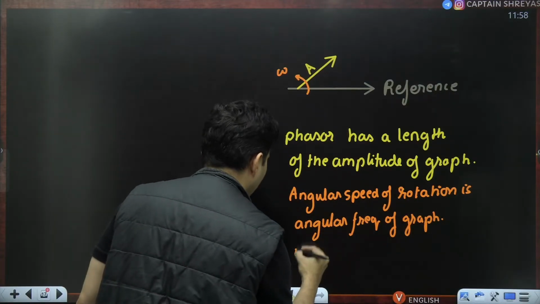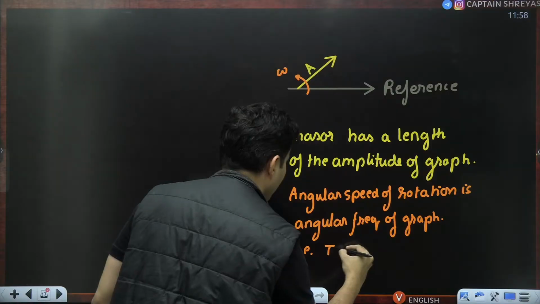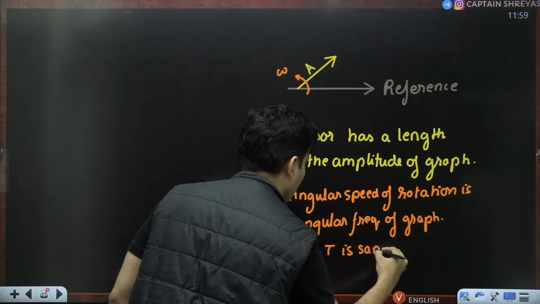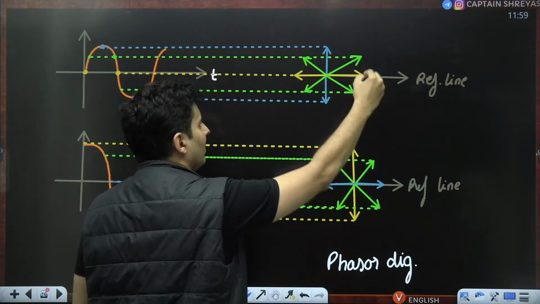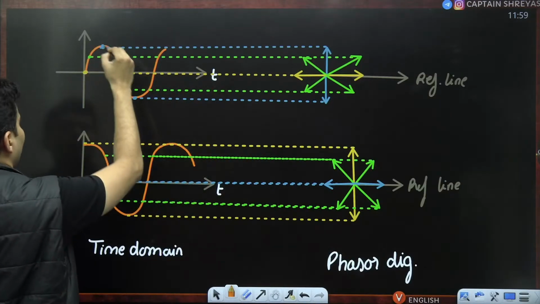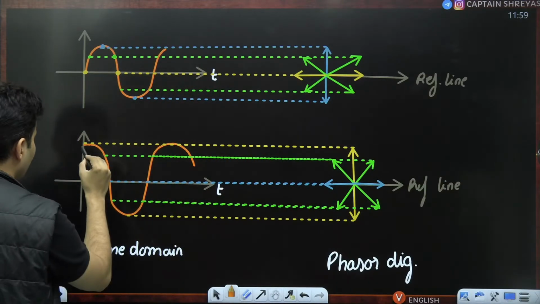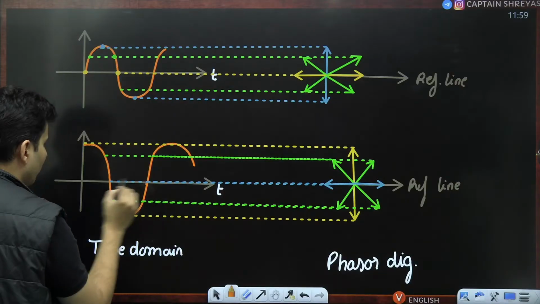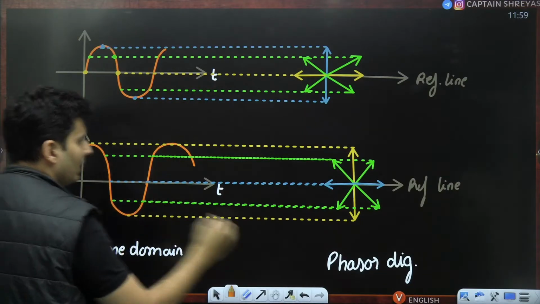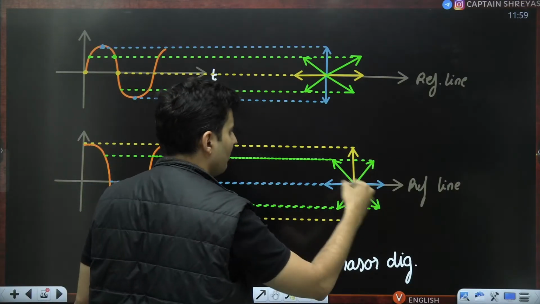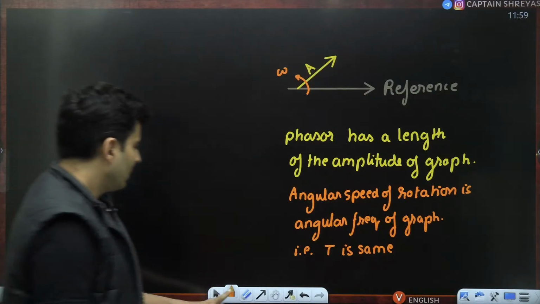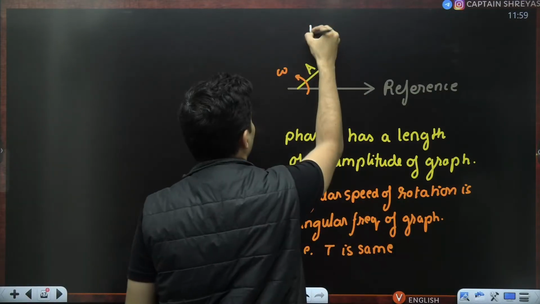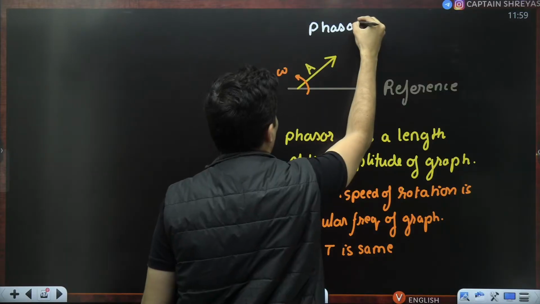Also, you can say the time period is the same. It makes sense. In 5 seconds, if it completes one revolution, it will complete one wave. If it takes 0.2 seconds to complete one entire wave, it will also take 0.2 seconds to complete one revolution over here. So that is what is there in your phasor diagram.